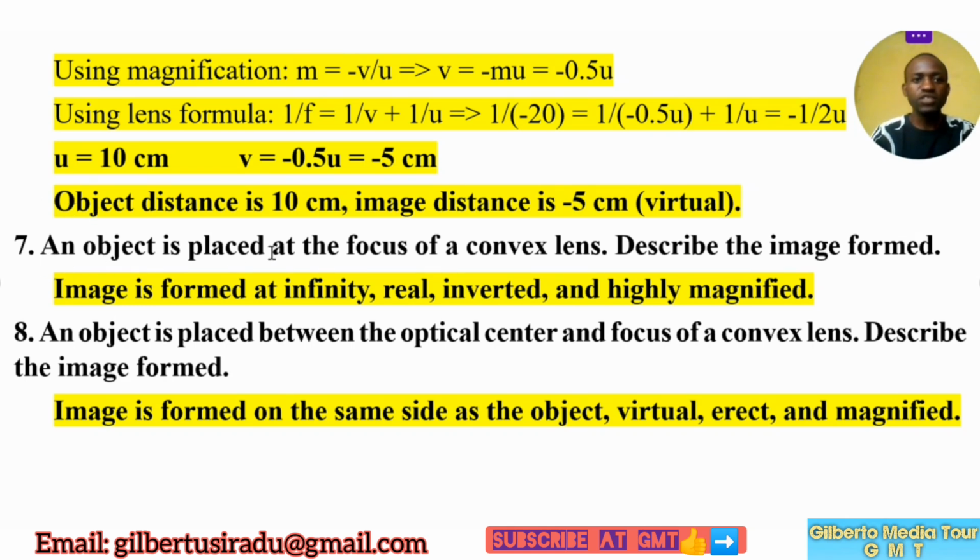So, question number 7. An object is placed at the focus of a convex lens. Describe the image formed. Always, when the object is at focus, the image is formed at infinity.